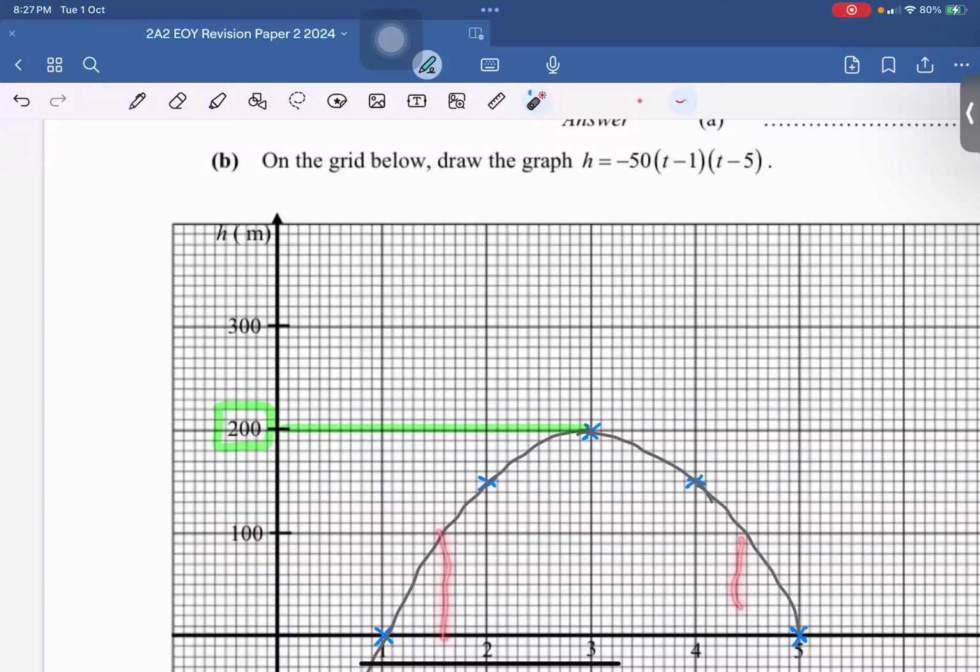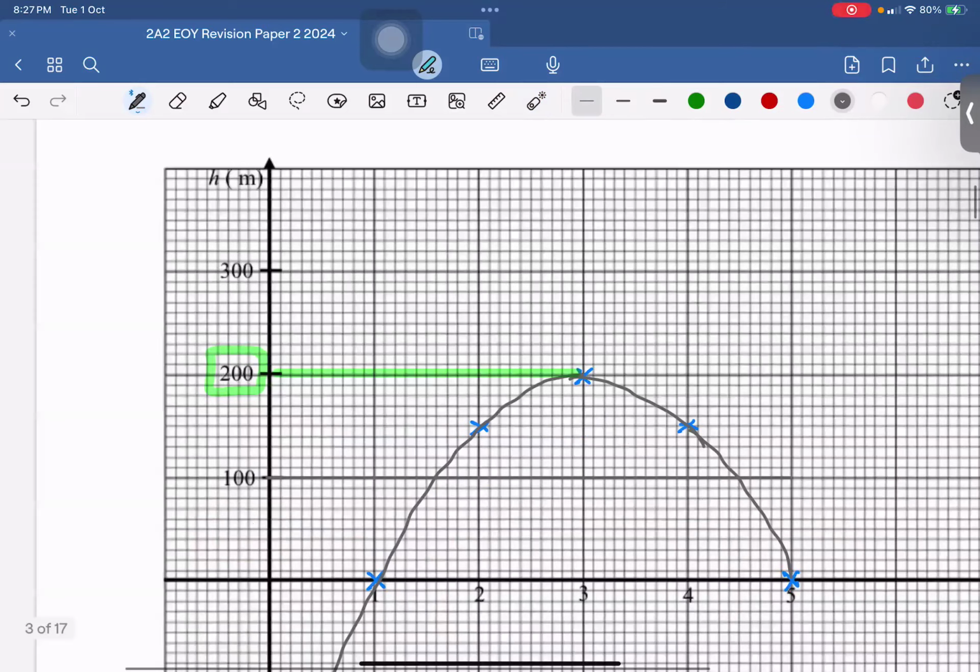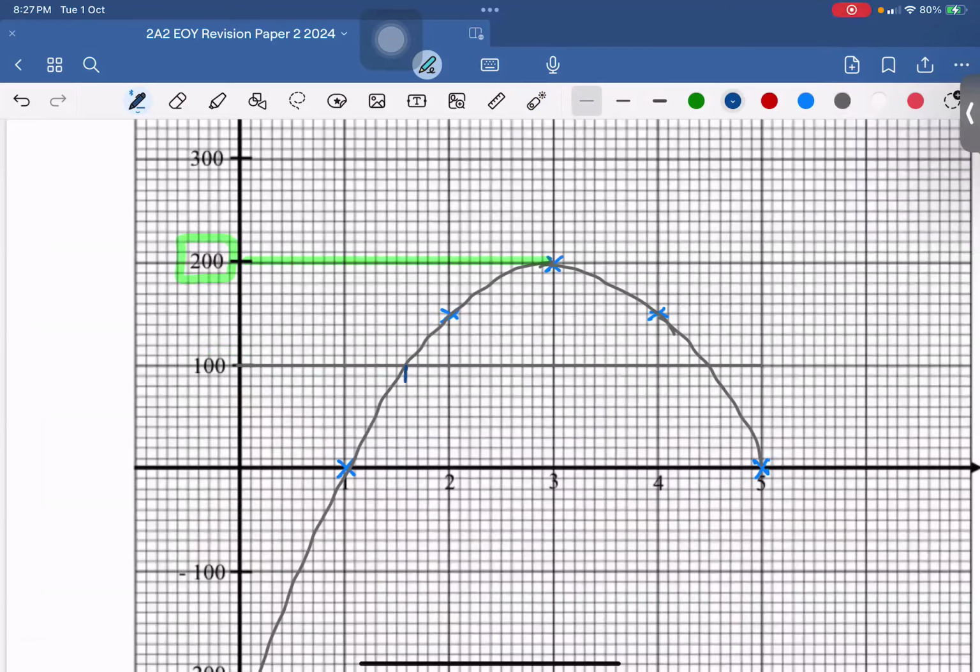Okay, in this case, I'm just going to draw this one over here. No ruler, so I can only draw like that. Then I cut. Where did I cut? This one over here, first answer. This one over here, second answer. My graph is not drawn very nicely. 1.1, 1.2, 1.3, 1.4, 1.5.